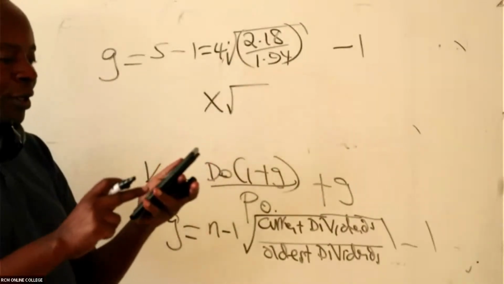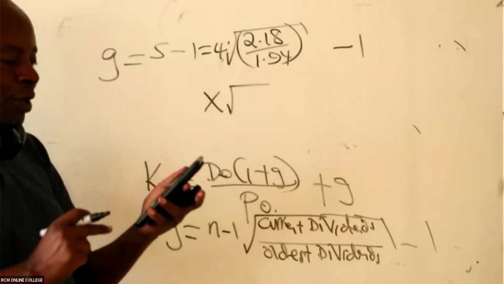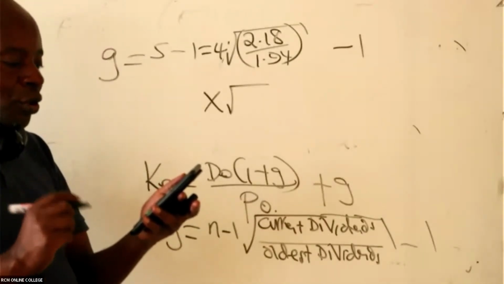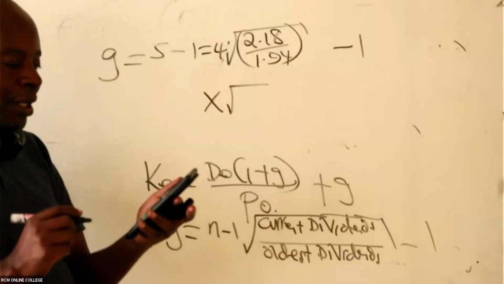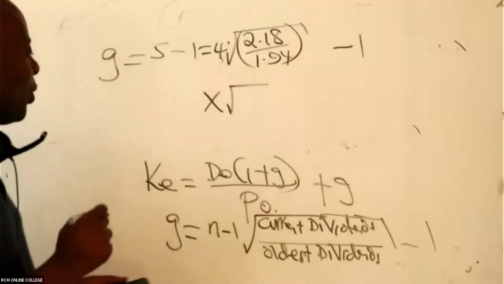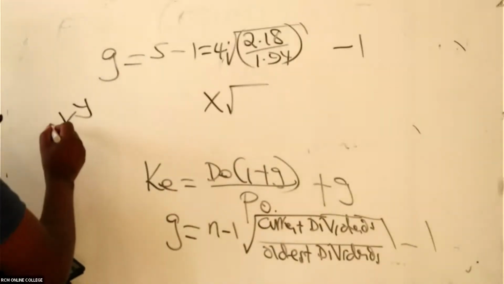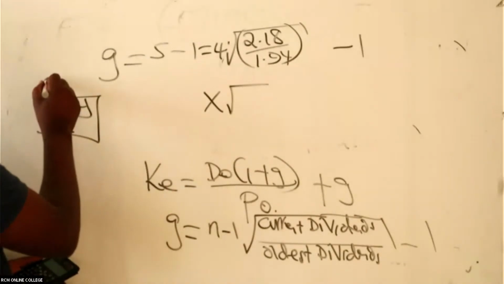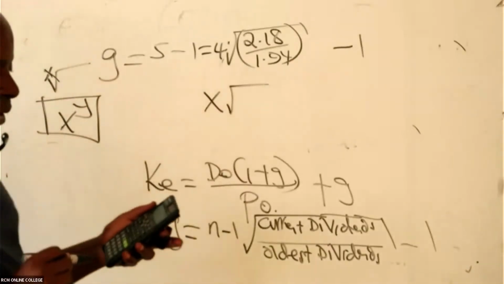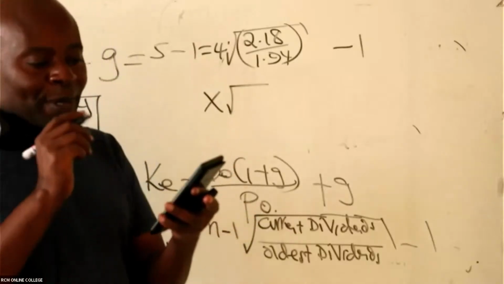And then I look for that x root, not cube root. Normally, it will be where you are seeing x raised to y. The one that is up here will be having x root. So I'll punch 4 first.